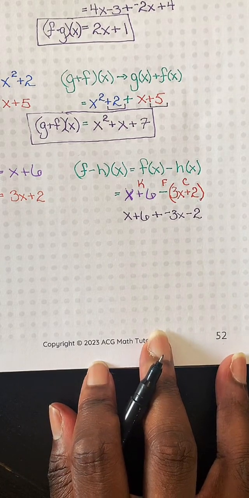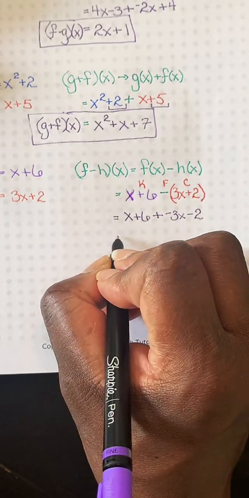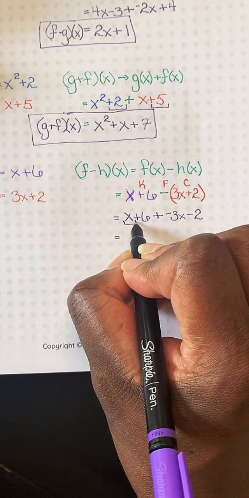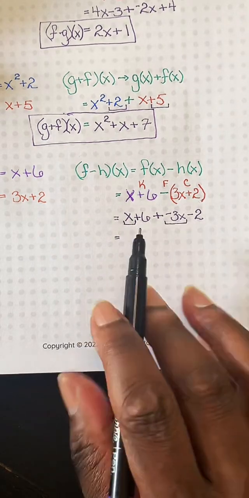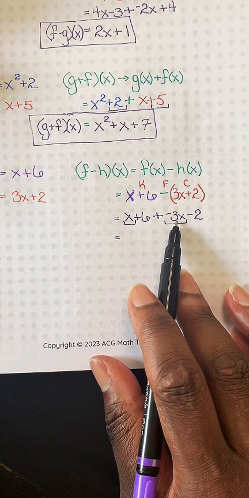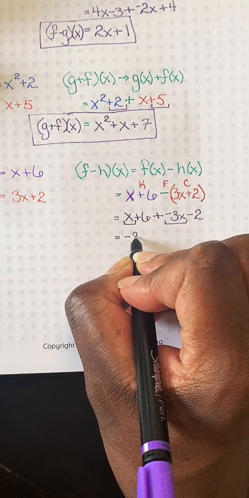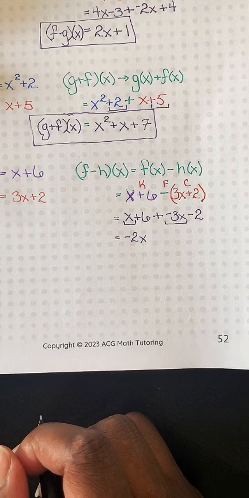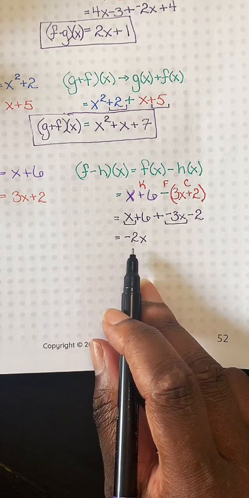Okay. So now we need to combine our like terms. And our like terms, we got a positive 1x minus 3x. So I have $1 and I want to spend $3. Well, obviously I'm short $2. So that will be a negative 2x. Okay, so 1 minus 3 gives me a negative 2.